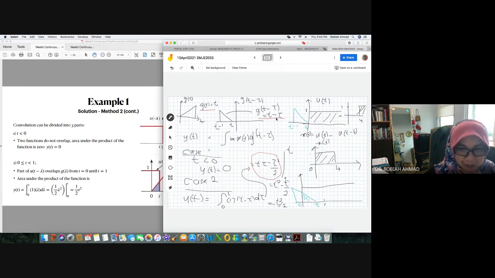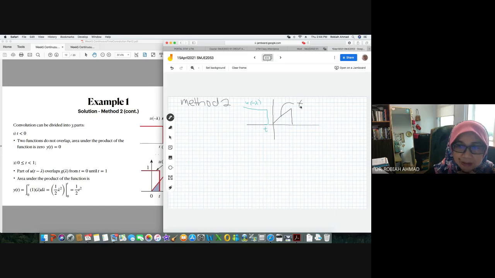So please be careful with this. If we have a triangular or ramp function which has a variable of T, we have to follow it as T minus tau. Say our ramp function is 2T, then here it will be 2T minus tau. But if we maintain it here, it stays T.